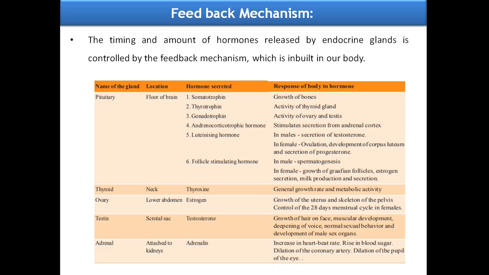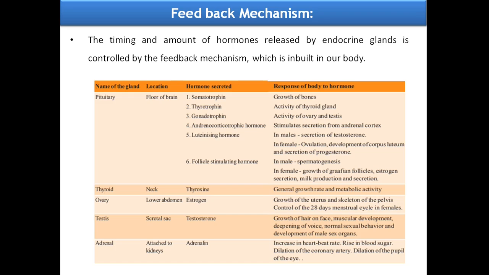It secretes many hormones, hence it is called the master gland. One hormone is somatotrophin, which regulates the growth of the bones; thyrotrophin activates the thyroid gland; gonadotrophin activates the ovary and testes.